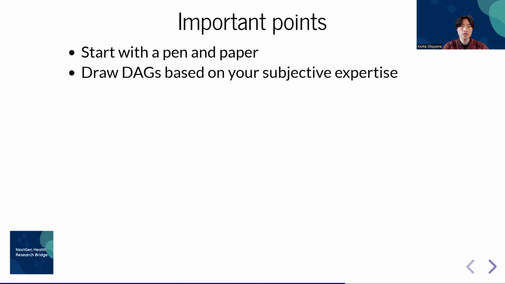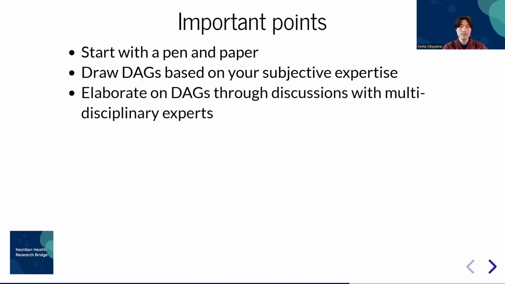And another important point is that we always draw DAGs based on our subjective expertise. So we define this causal structure position for better visualization and direction of the arrows. And it is always good to continue elaborating on DAGs through discussions with your peers, with your supervisors or experts from multidisciplinary fields.